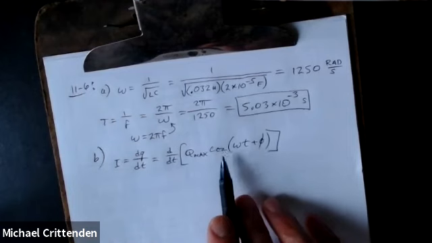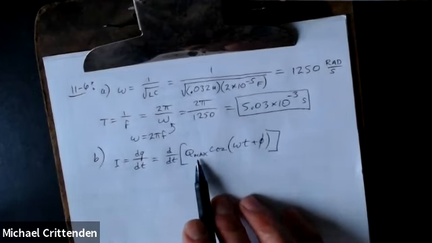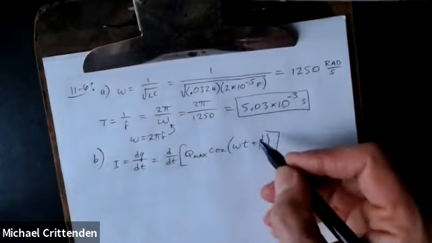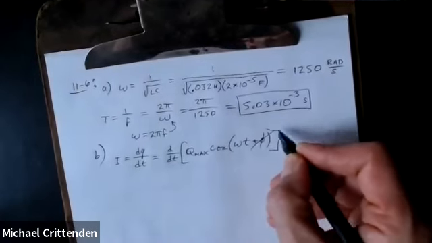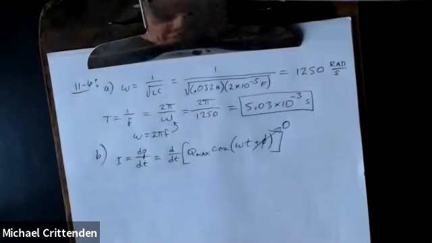If the switch is closed at t equals 0, that means the charge was at its maximum at t equals 0, because charge would be at its maximum when you close the switch. So let's just get rid of the phase angle right now.